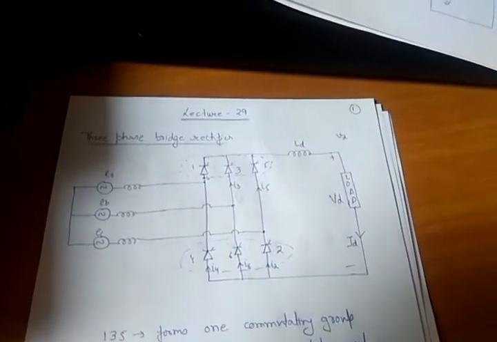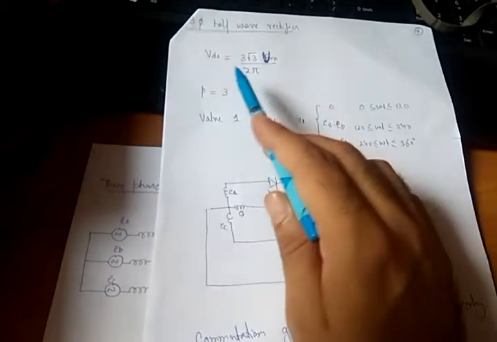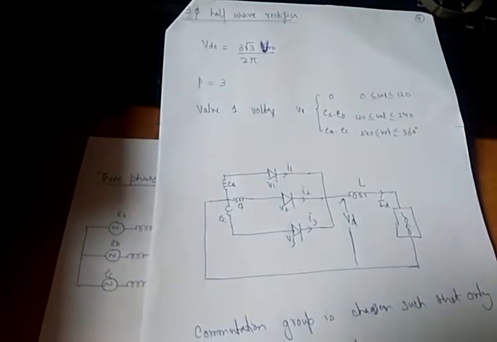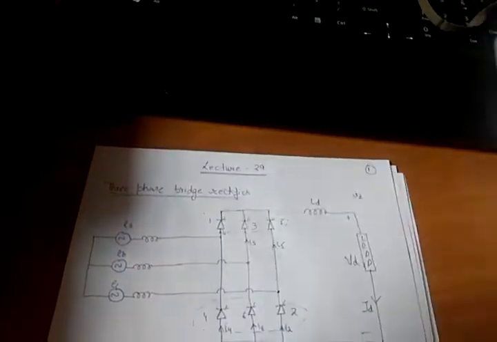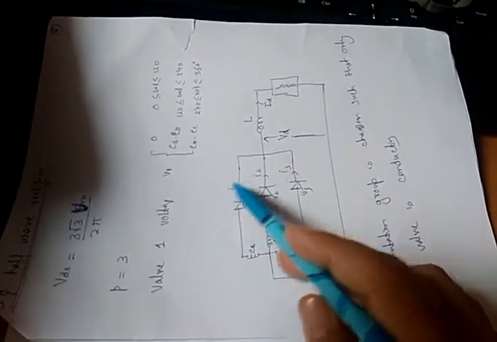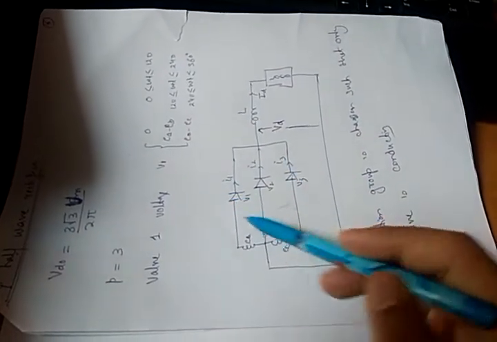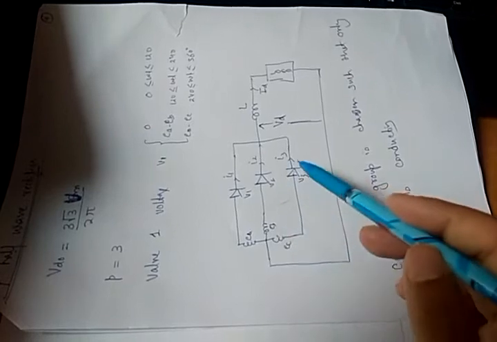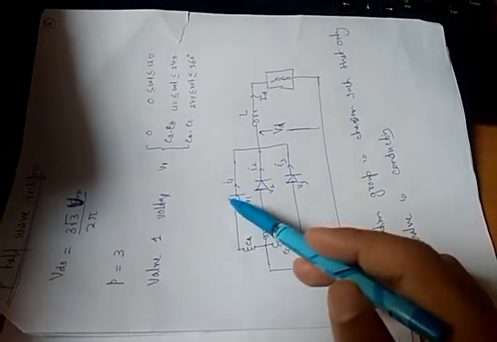In case of a half wave rectifier, P is equal to 3 because I am getting 3 pulses in one cycle of the AC. Also, if you can see here, I have one valve. In this converter, we have 3 valves: 1 valve, 2 valve, and 3 valves.